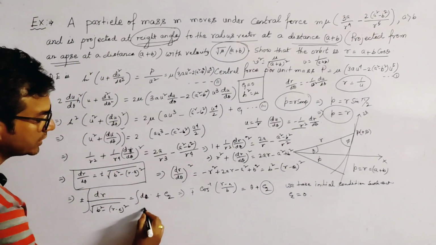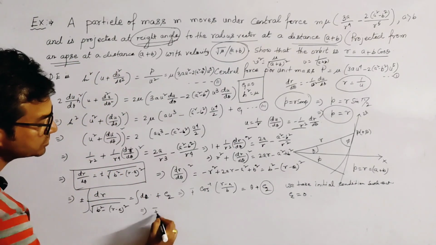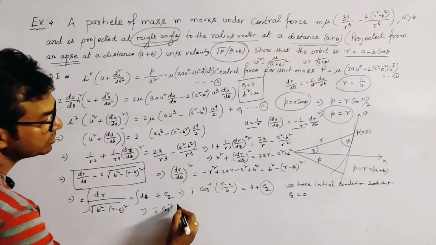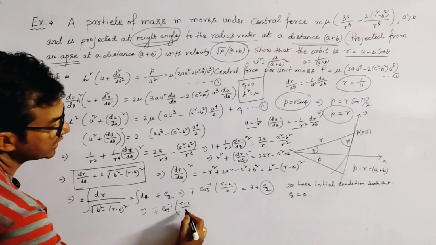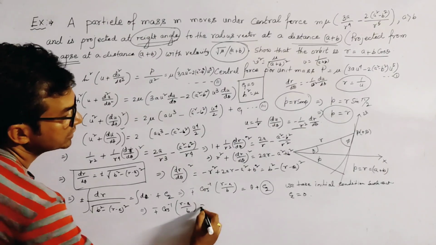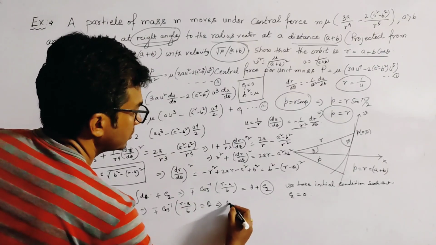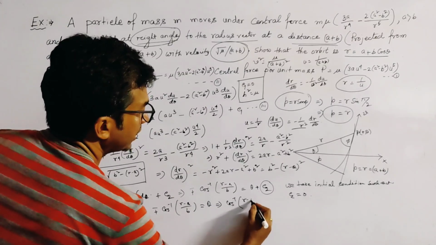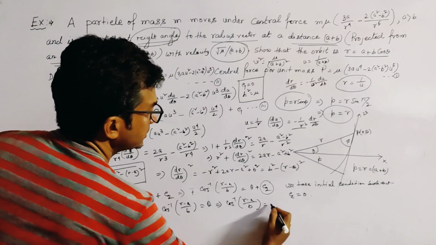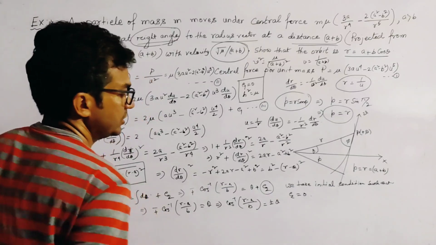Then the equation becomes minus plus cos inverse r minus a by b equal to theta, and cos inverse r minus a by b is equal to plus minus theta.